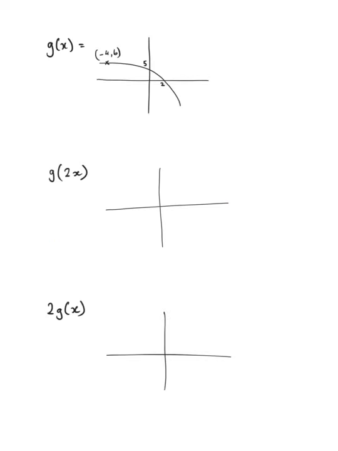Now it's the same for multiplying. Because this g of 2x, the 2x is inside the bracket, it's going to change things along the x-axis, it can change things horizontally and do the opposite of what I'd expect it to do. So it's going to be the same general shape, but squished in. Instead of going through 2, it's going to go through 1. That crossing point there is still going to be 5.